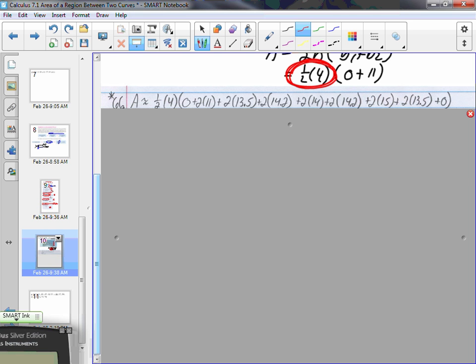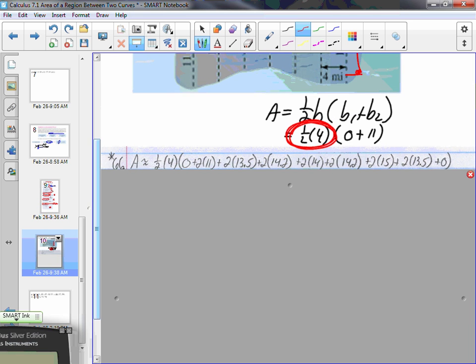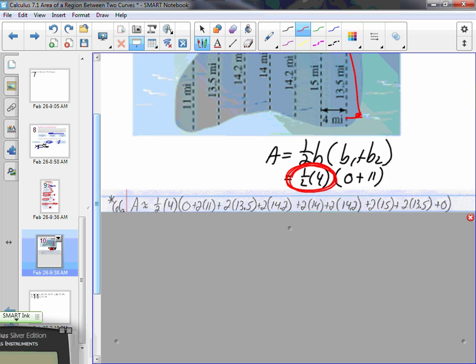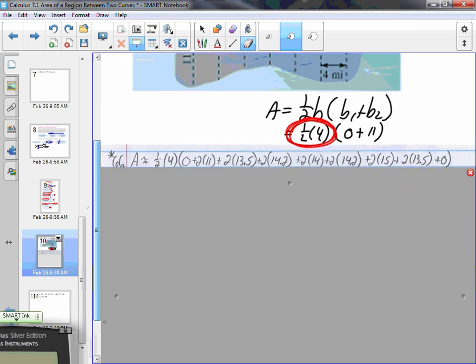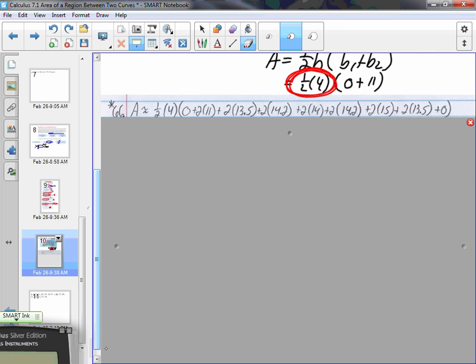So when you're going to estimate areas with trapezoids, is it a good idea to make them all have the same height? Oh yeah. Otherwise you do have to find each individual one, and you can't shortcut it like we're doing here. All right, you guys with me?